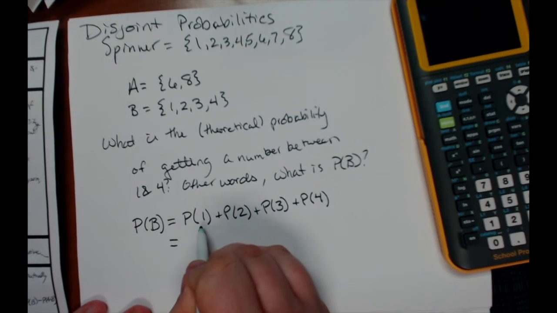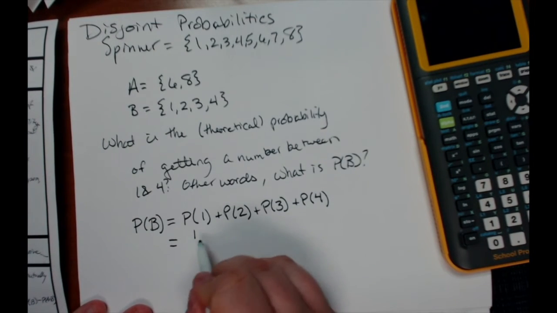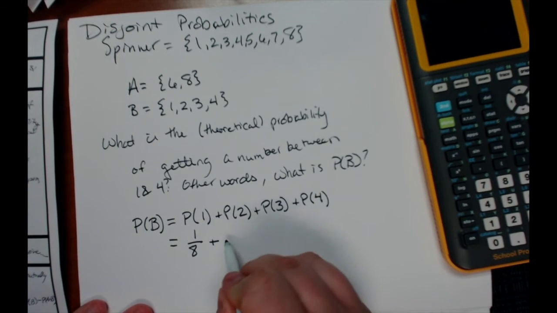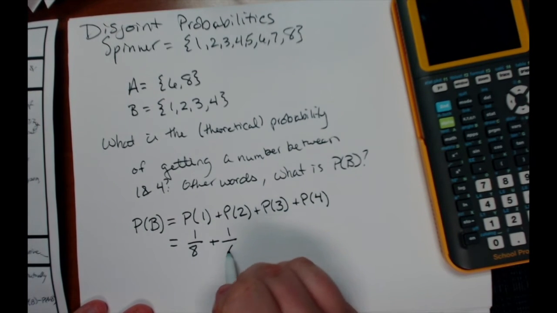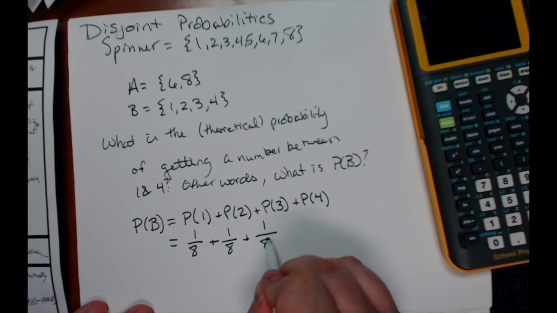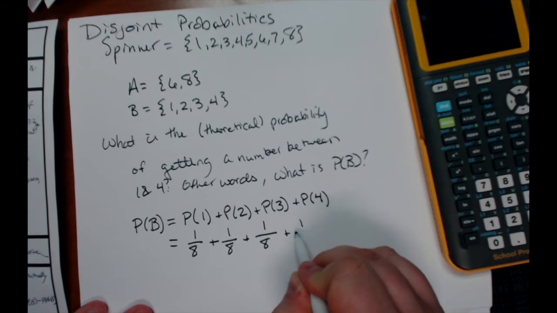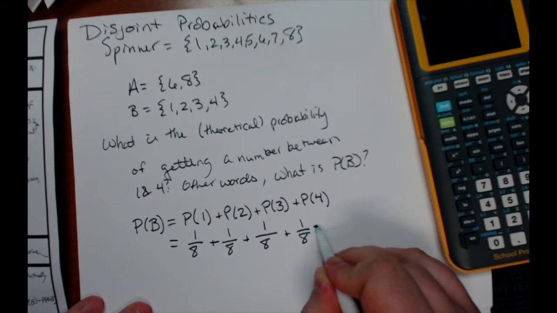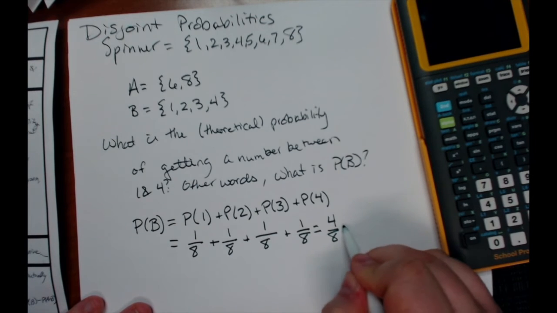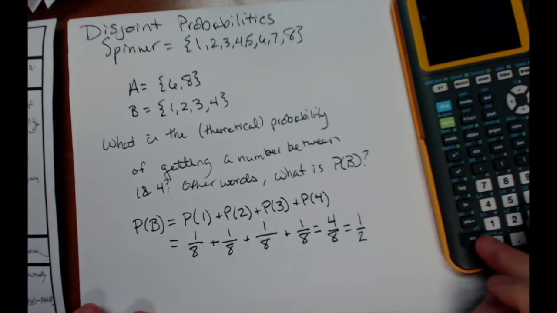And remember we said theoretical probability was the number of ways we can get that outcome. Well, we can only get a 1 one way if it lands on the 1, and there are 8 possibilities. If it lands on a 2, that can only happen one way, 8 possibilities. It can only land on a 3 one way, 8 possibilities. It can only land on a 4 one way, still 8 possibilities. So that tells us that it's 4 out of 8, or 1/2.